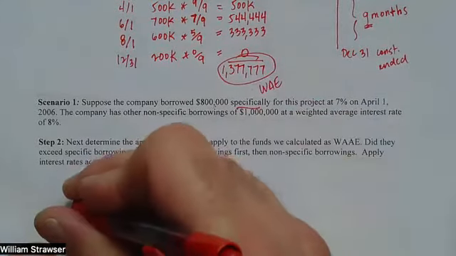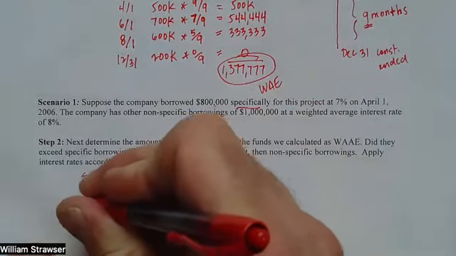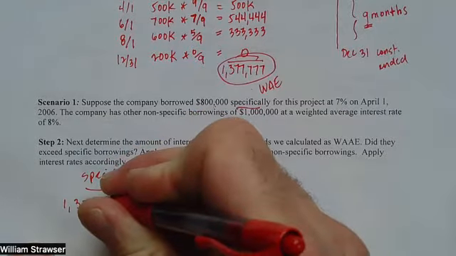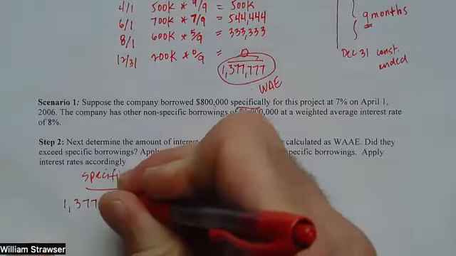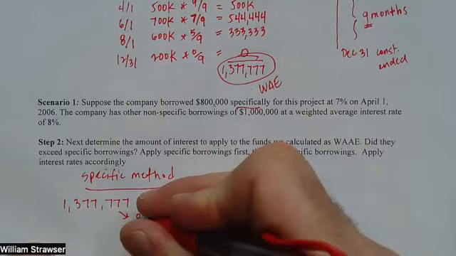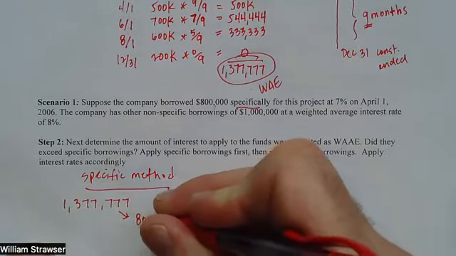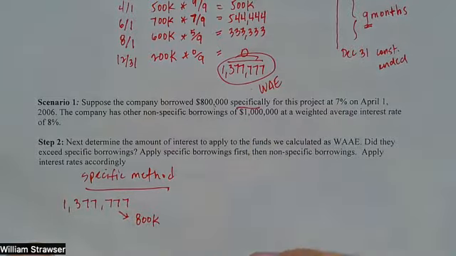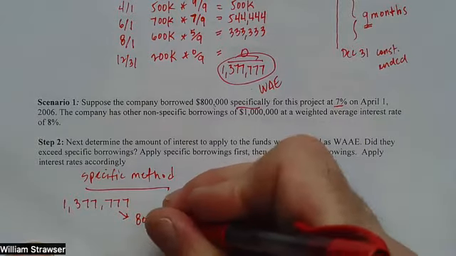We got this much that qualifies for expenditures, and we're going to take 800,000 of that. And that amount is going to be assigned that 7% interest rate.